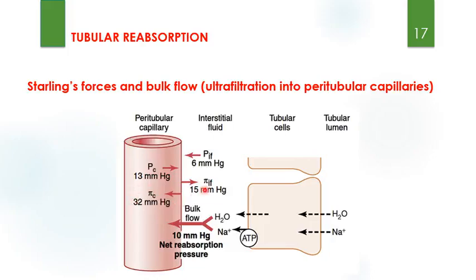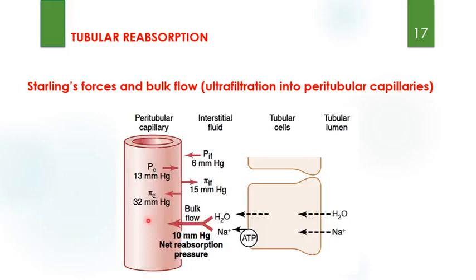The hydrostatic pressure in the interstitial fluid is 6 millimeters of mercury, and the oncotic pressure is 15 in the interstitial space. The net reabsorption pressure is 10 millimeters of mercury, favoring reabsorption.